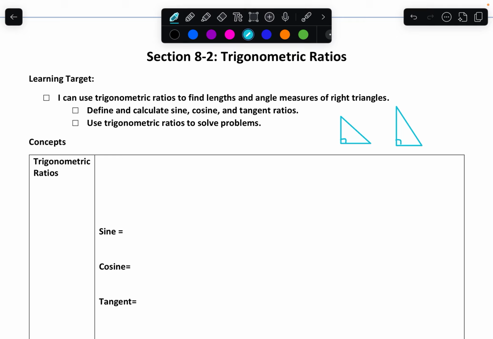And being able to memorize the relationships between the sides of them can be really helpful in a triangle that we see a lot. However, they are not the only kind of right triangles that have knowable and always the same relationships between their side lengths. In fact, every single right triangle that you could ever make has a known relationship between its side lengths.